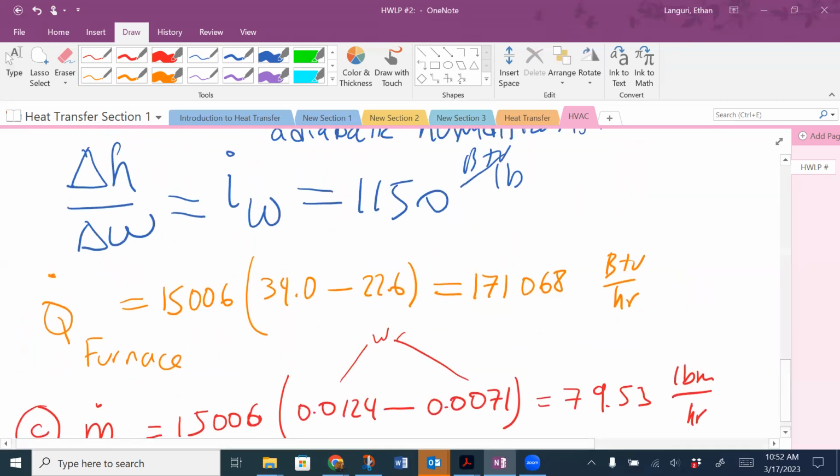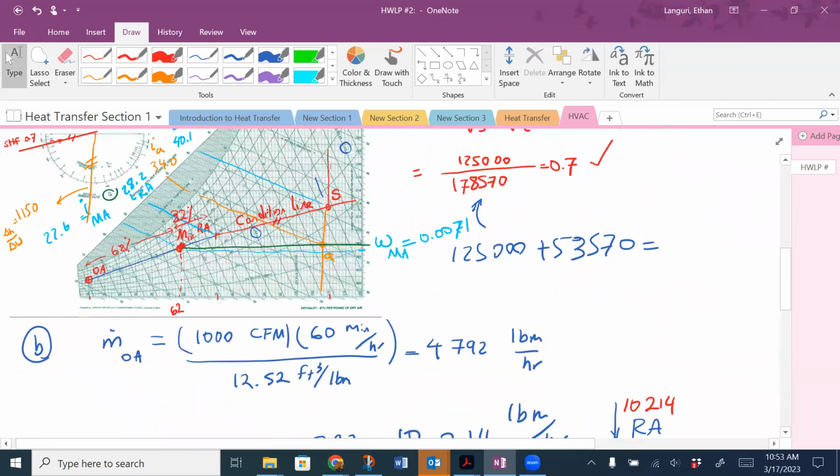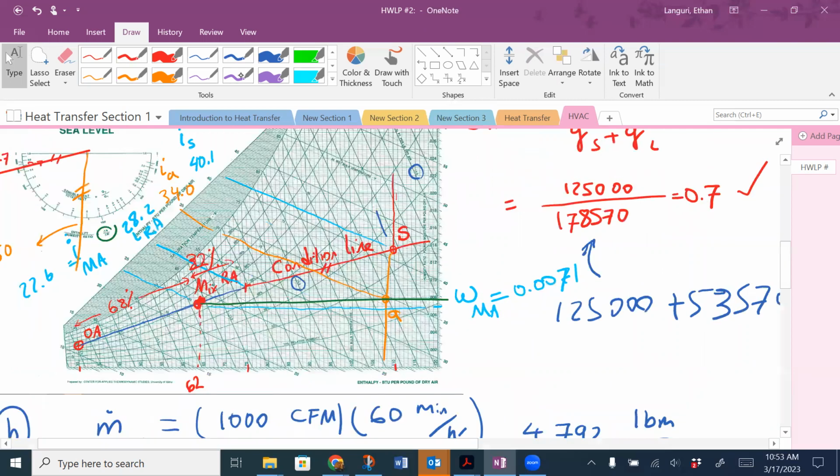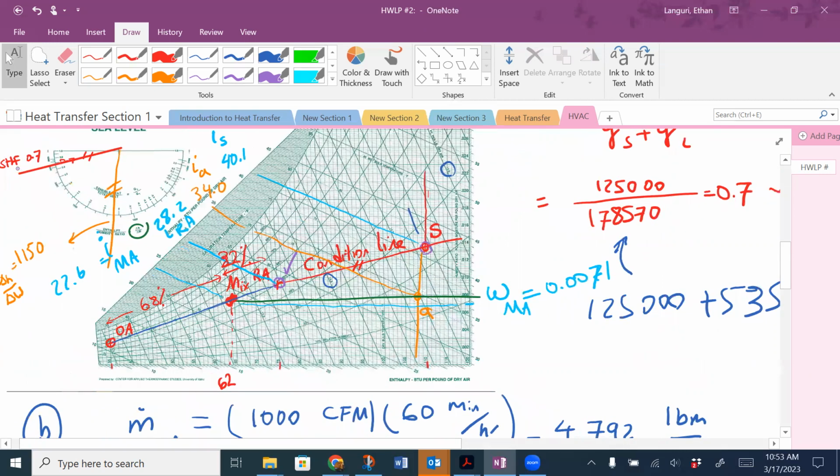So before I finish this, let me go back one more time on the psych chart here. Quick review. I started from my return air fixed condition. I had my supply temperature, but in order to fix it, I drew a line parallel to SHF.